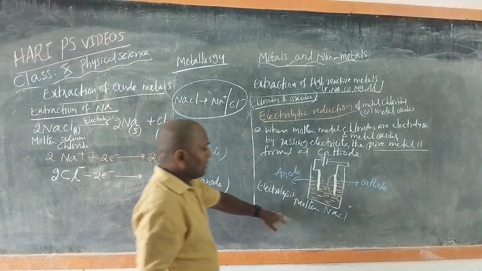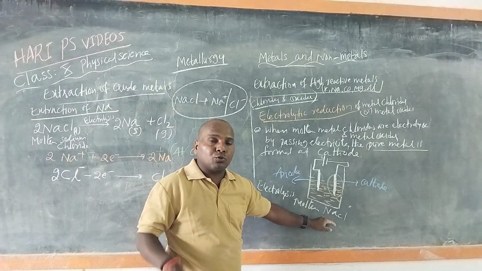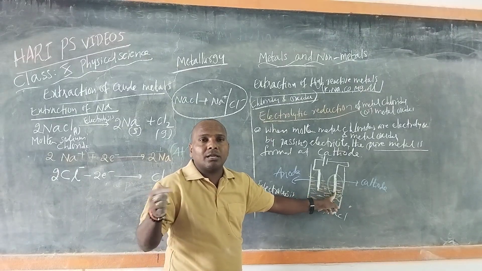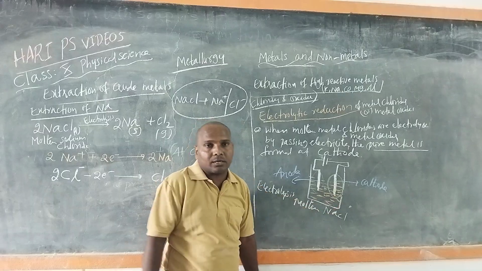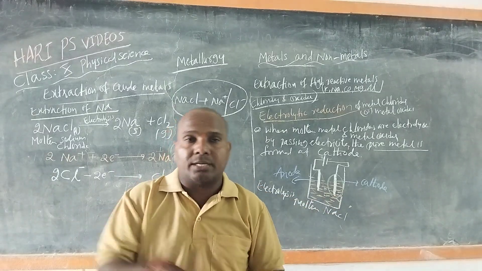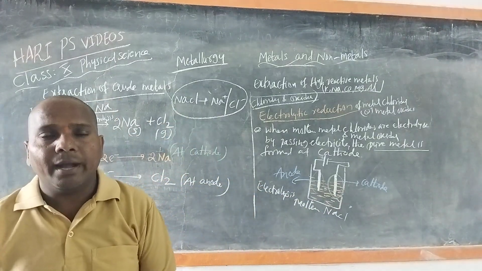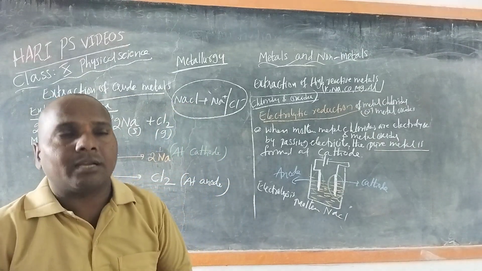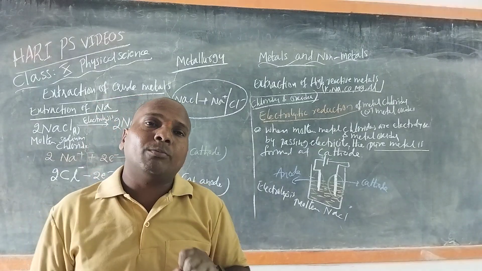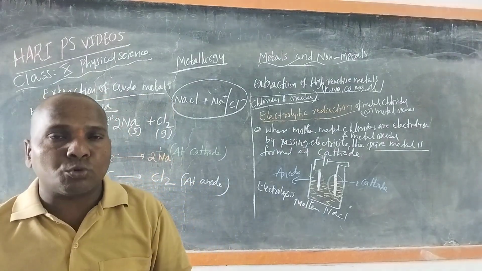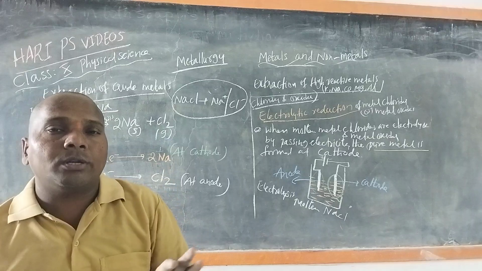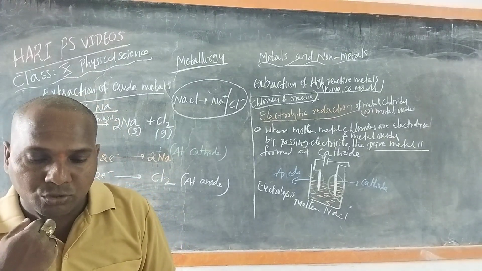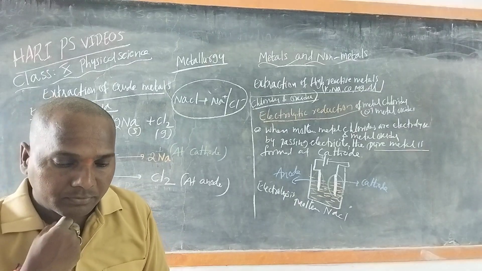The sodium formed at the cathode immediately reacts with water and forms sodium hydroxide, which is a base. So that's why we cannot take aqueous sodium chloride solution for extraction of sodium, but we can take molten sodium chloride. The cathode will react with water present in the aqueous solution to form sodium hydroxide, not sodium metal.